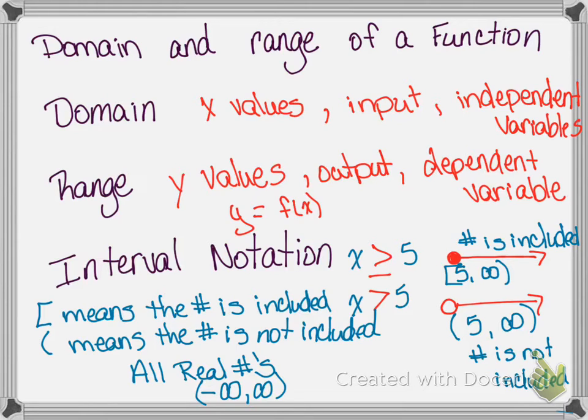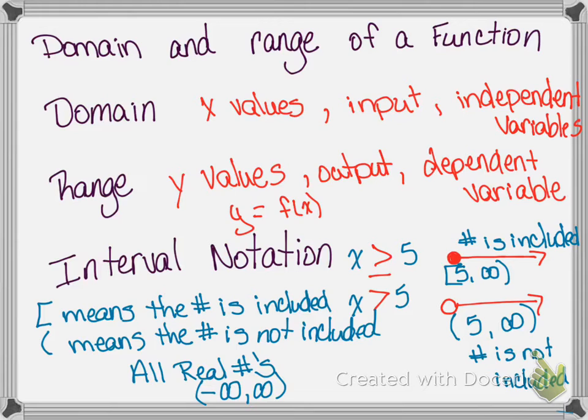So in algebra, instead of using the solid circle or the solid dot, we use a bracket. That bracket means that the 5 is included. Now, if I told you to pick a number greater than 5, could you pick 5 as your number? No, you couldn't. That is why I have an open circle there. Could I have picked 5.01 as my number?